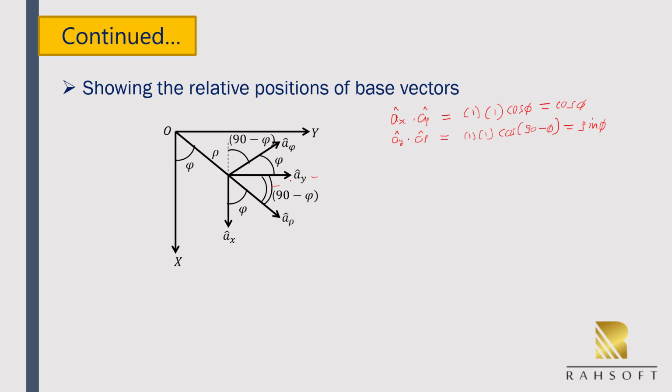This angle is 90 minus phi, this angle is also 90 minus phi, this angle is phi and this angle is phi. So the dot product is equal to cos of 90 minus phi, which is equal to sin phi.